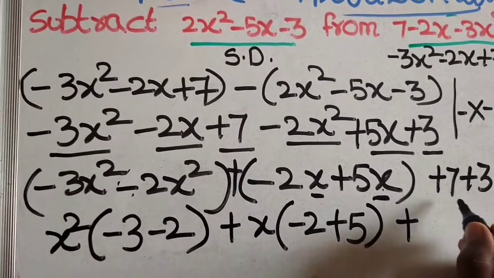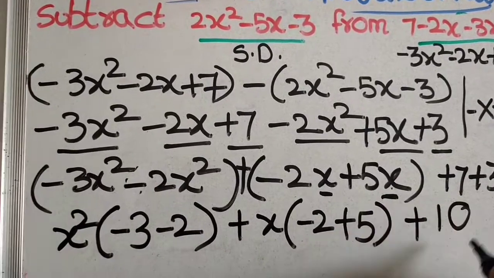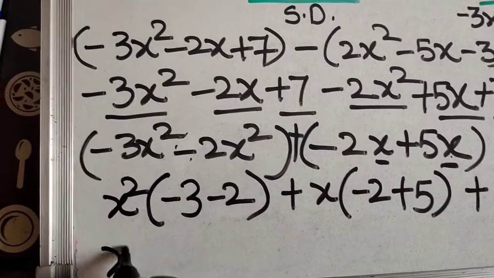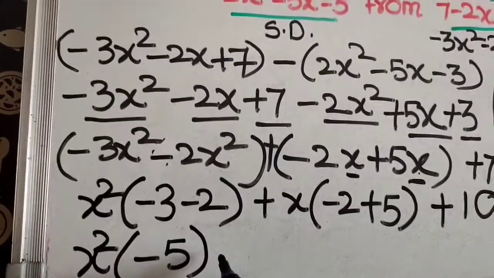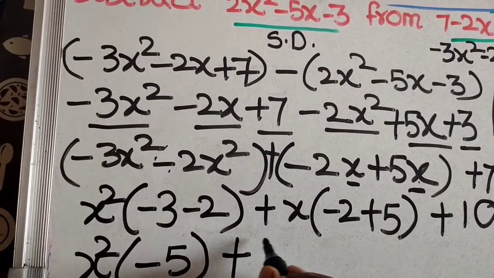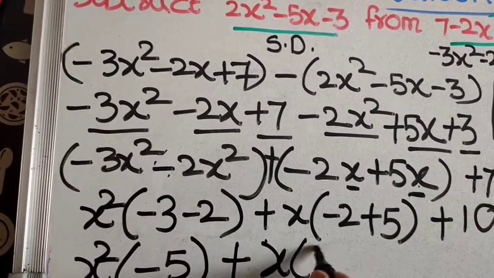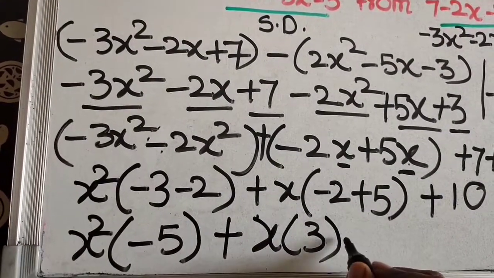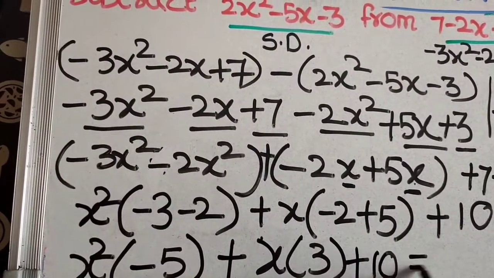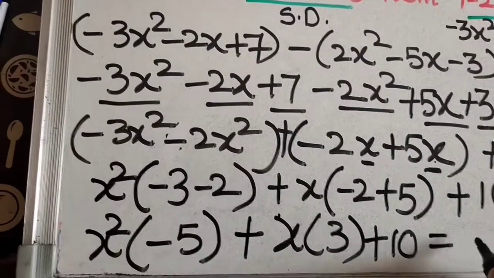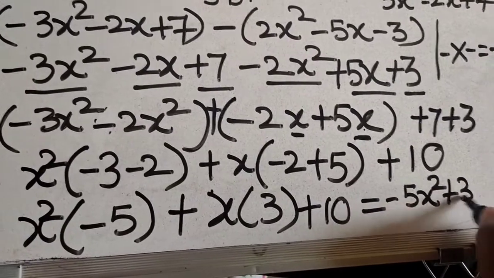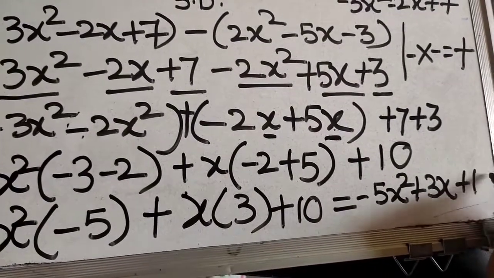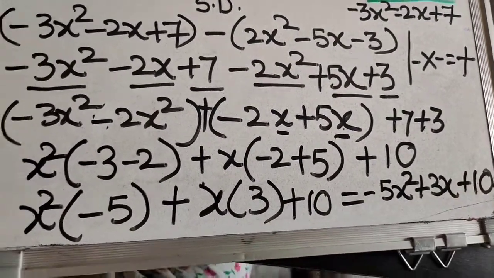And next the constants. Plus 7 plus 3, which gives 10. So minus 5x square plus 3x plus 10 is our result.